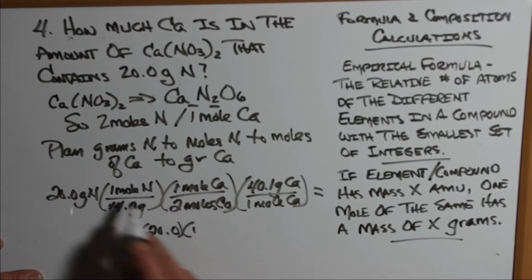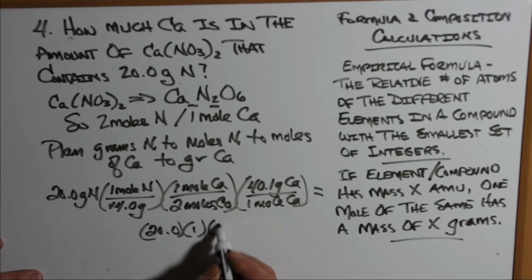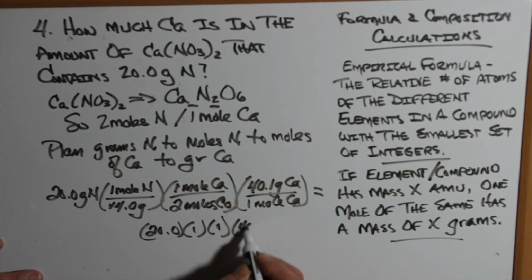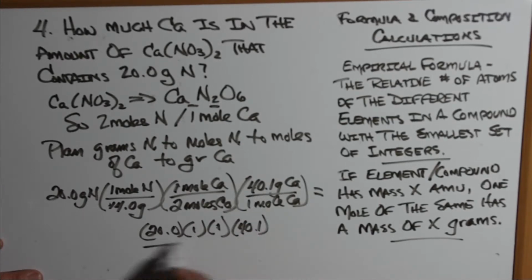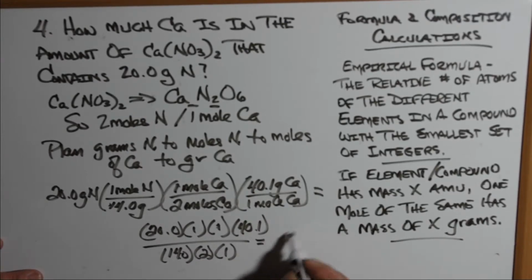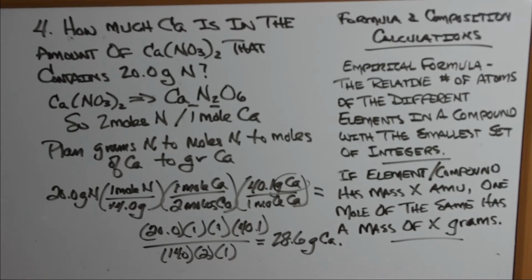In the numerator, we have 20 times 1 times 1 times 40.1. And in the denominator, it's going to be 14 times 2 times 1. And when we do the math, we come up with 28.6 grams of calcium. Problem solved.